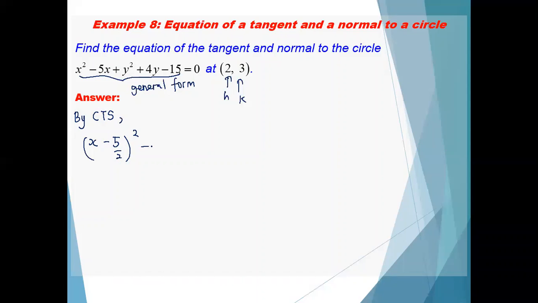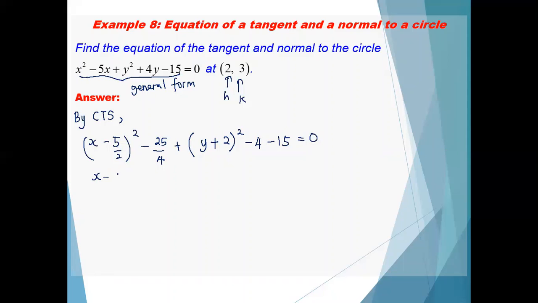So tambah, so you kena tolak balik 25/4. Plus y plus half b, 2 square, so 2 square, 4, so minus 4, so minus 15 is equal to 0.